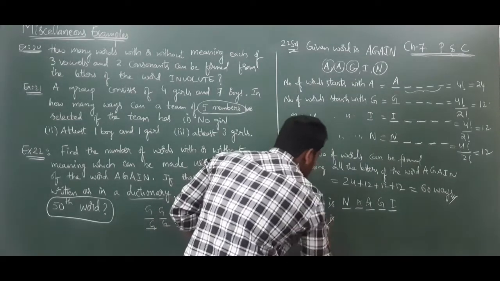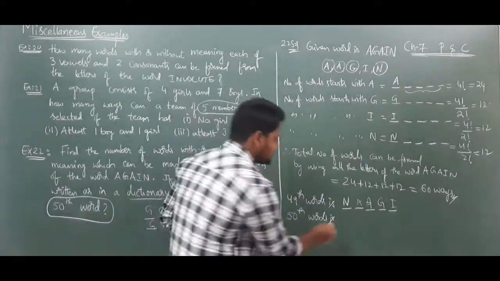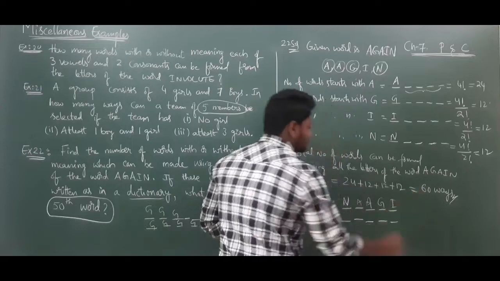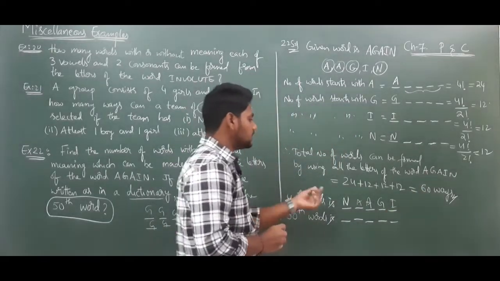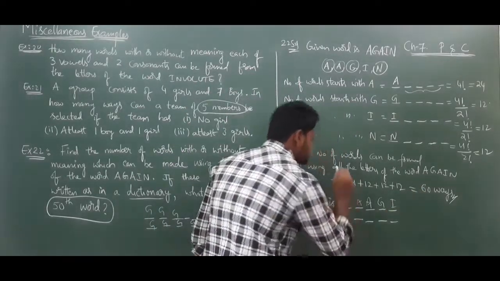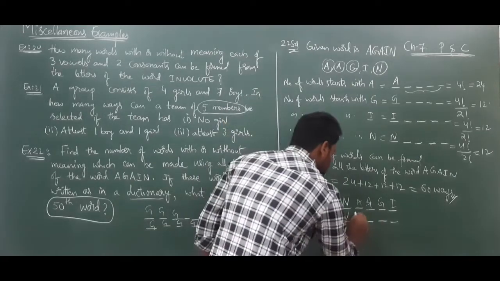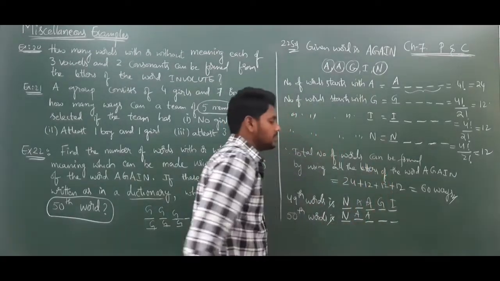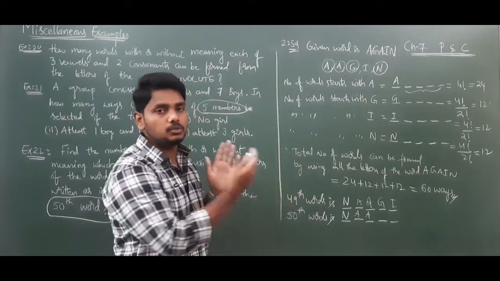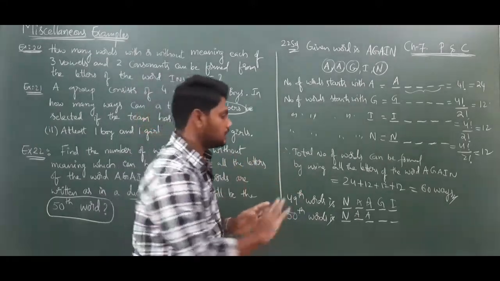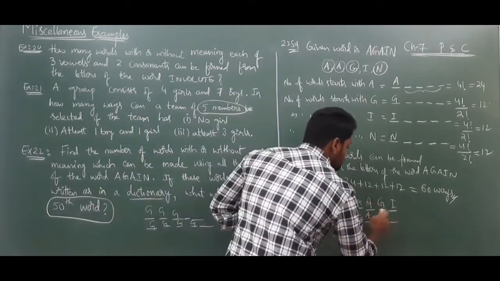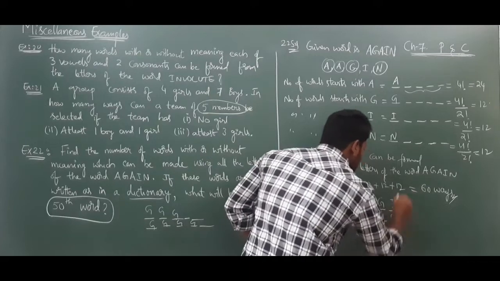The 50th word is, observe this. That word also should start with N. After that, these two are compulsory, A and A. Next, GI is there, right? Those two will interchange. So G will come here, I will come here.